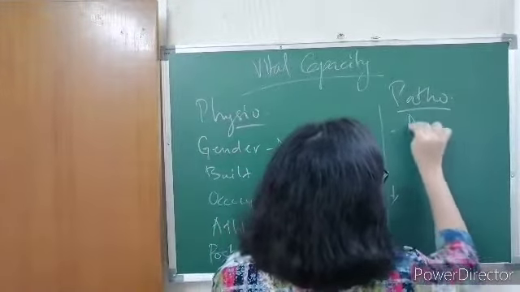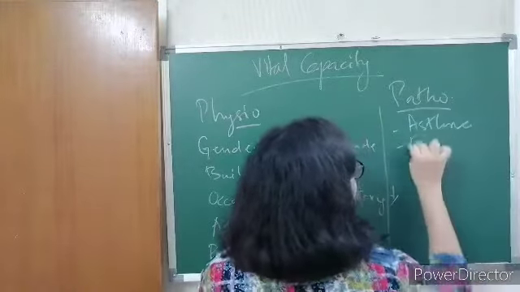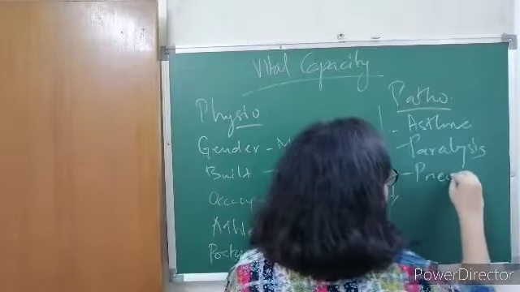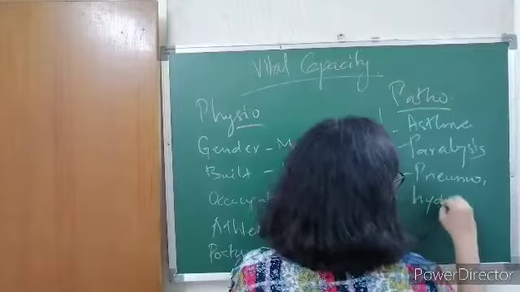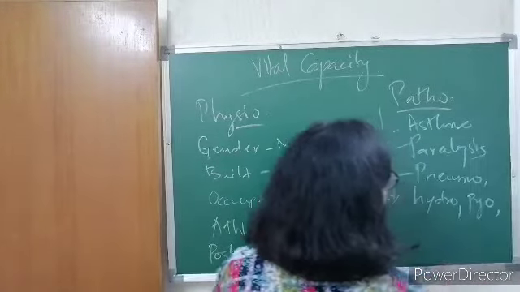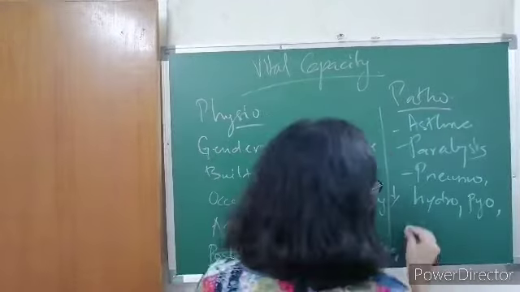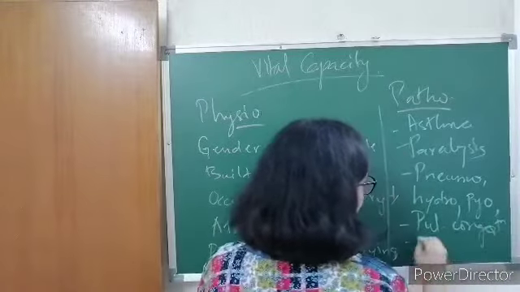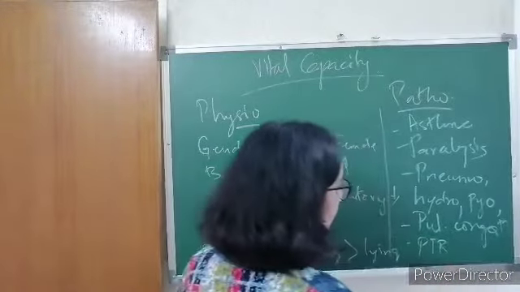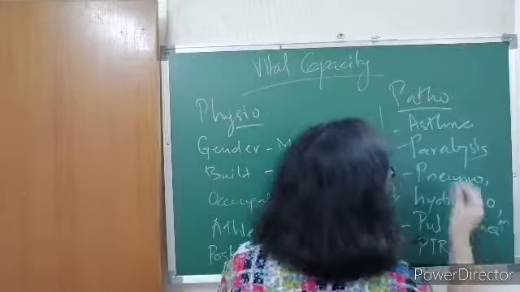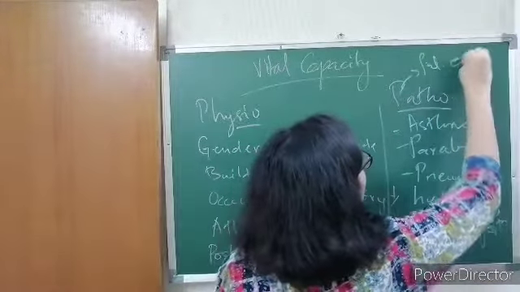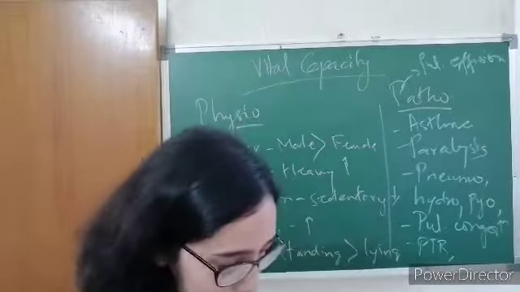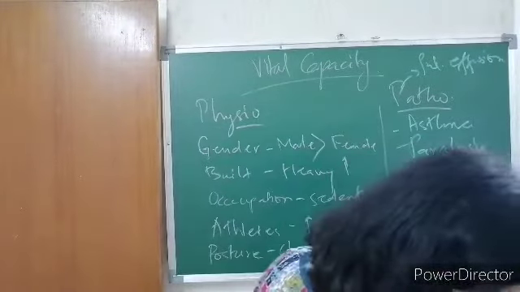So there is asthma, paralysis of respiratory muscles, pneumothorax, hydrothorax, pyothorax, and then pulmonary congestion, pulmonary TB, pulmonary effusion, okay, these are the conditions in which it will be less.